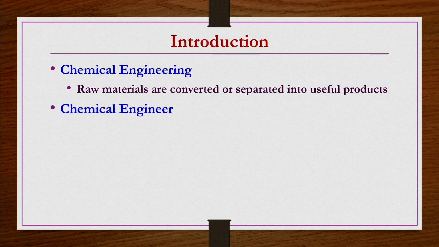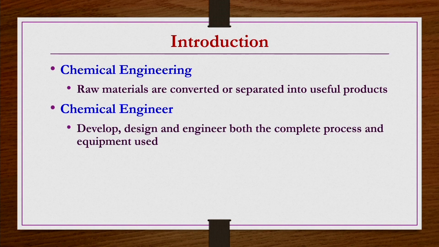Chemical engineers are expected to develop, design, and engineer both the complete process as well as the individual equipment used in the chemical plant. The chemical engineer must have the knowledge and expertise about the development, design, and engineering of the entire process, the entire plant, and the individual equipment, for the production of a required material from a given raw material.